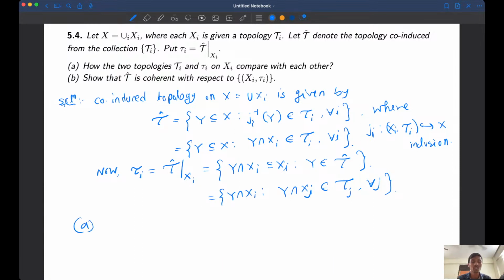In one topology, the sets are Y intersection Xi such that Y intersection Xj belongs to tau j. Since those sets already come from the original bigger topology, in some sense this topology seems smaller. Yes, that's the claim: the small tau I is contained in the big tau I.